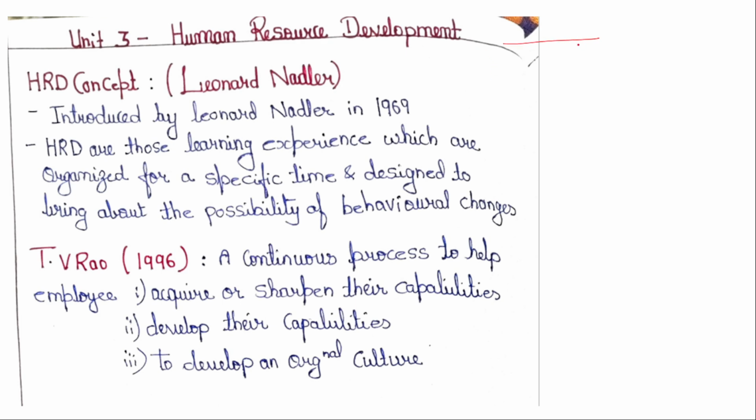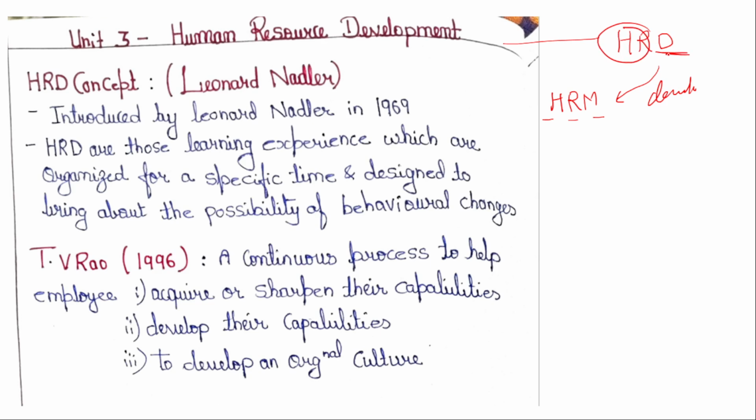Before we move to further details, let's understand what we mean by human resource development. Human resource management is a process which involves managing the human resources of the organization by applying the management functions to it. Now, HRD is a part of human resource management. It is a subsystem which focuses completely on the development of human resources.